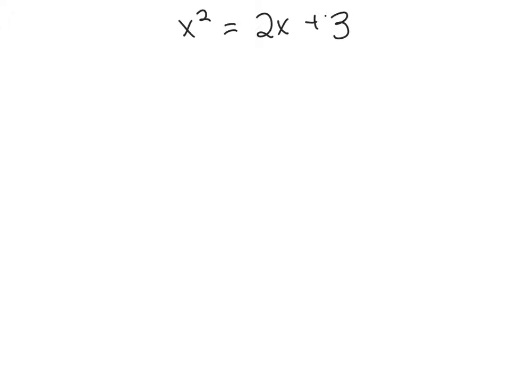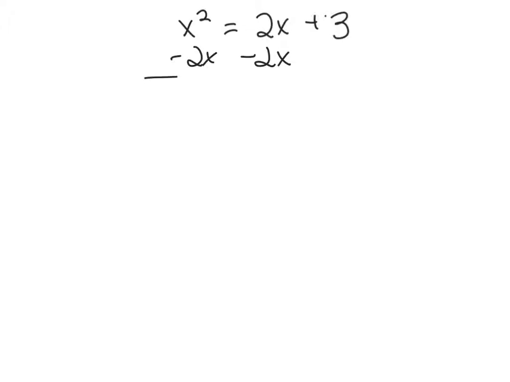Let's say this is what my equation looks like, and I'm telling you to solve this. So the first thing that I want to do is set it equal to 0, but I want to keep my x squared term positive. So I need to move the 2x over, I need to move the 3 over, because I want x squared to be positive. So I'm going to subtract 2x from both sides.